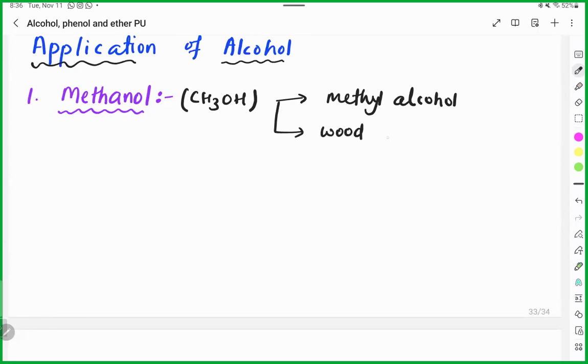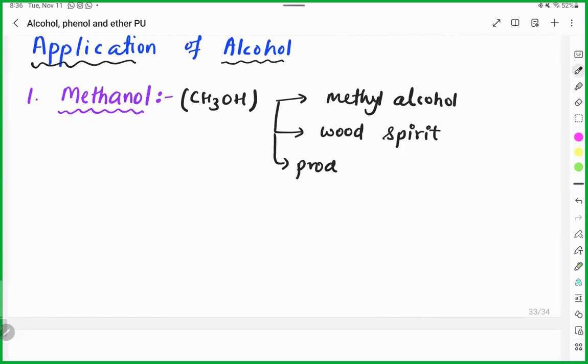Wood spirit. Have you seen people sometimes apply spirit on wood that has a very bad smell? So that is wood spirit. How is it produced? If you do destructive distillation of wood, you can produce this.